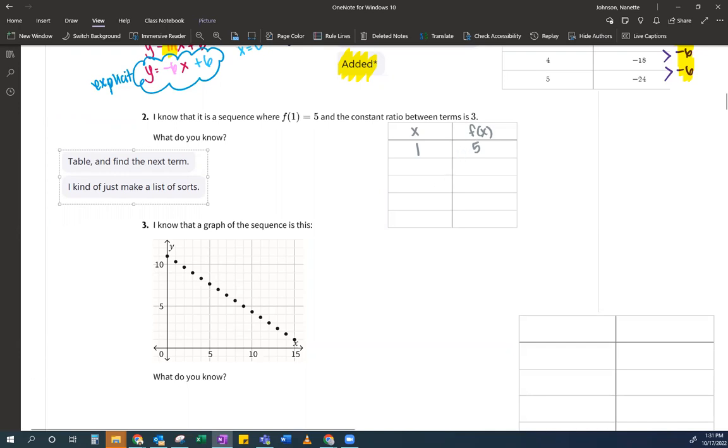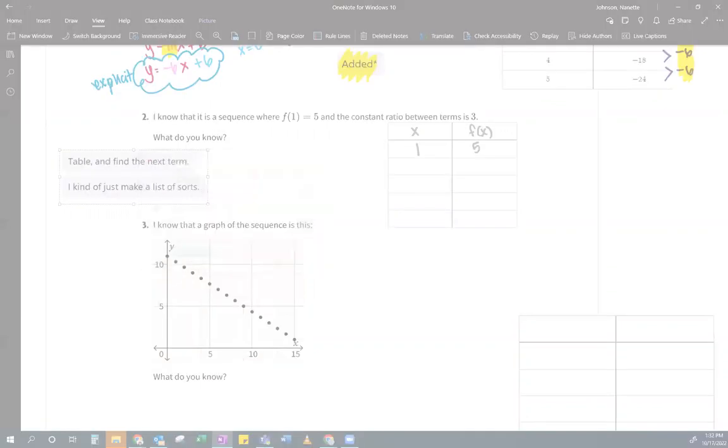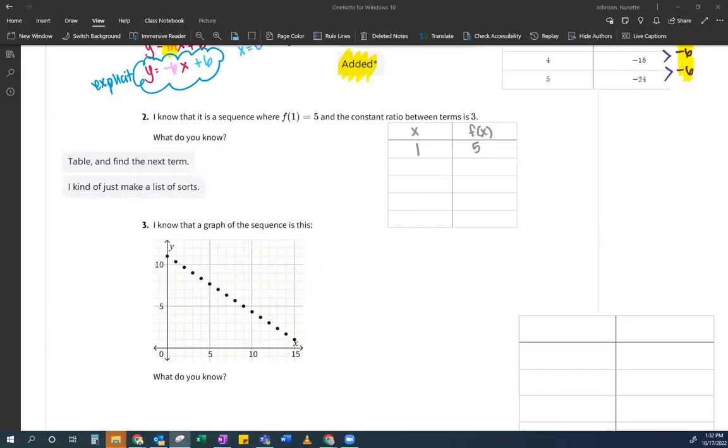Okay, so this is what someone said. It means that we multiply by 3, and then someone else said it actually means it's geometric. Very good. I'm going to do it one by one. Be patient, Miss Johnson. Someone said ratio means geometric.